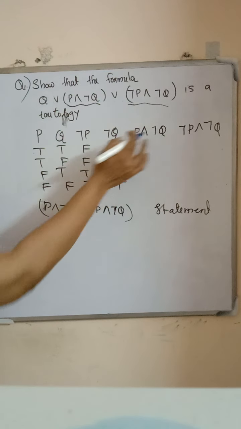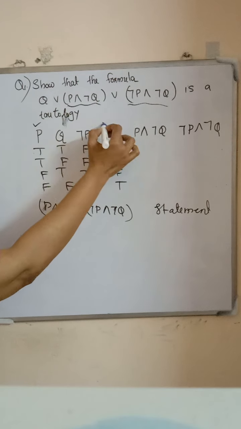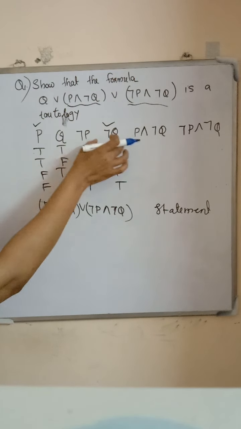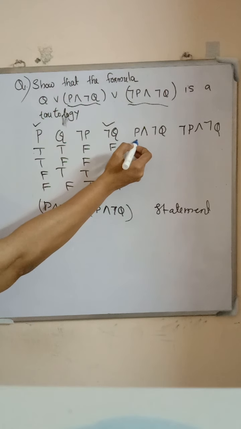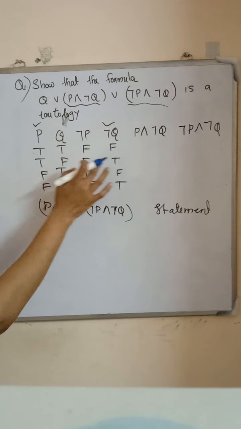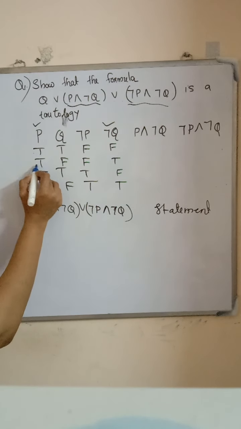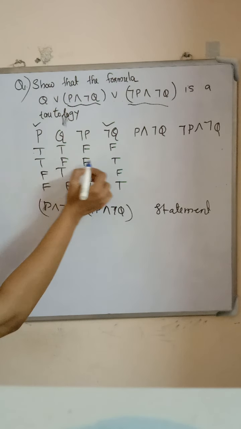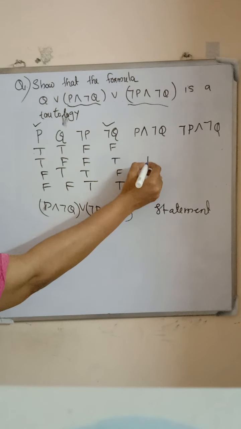What about P and negation Q? Combining these two columns, when we operate AND, the statement becomes true only when both statements are true. So in the second row, P is true and negation Q is true, so P and negation Q is true.